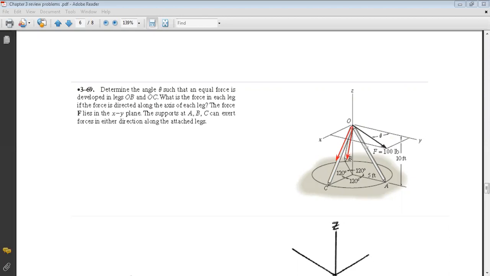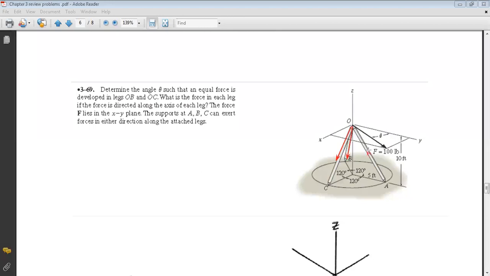Okay, so here, if we do a small analysis together, F does not have a component along Z. So the sum of Z components should be 0. If I make the assumption that OC and OB are in tension, then I should have OA in compression.